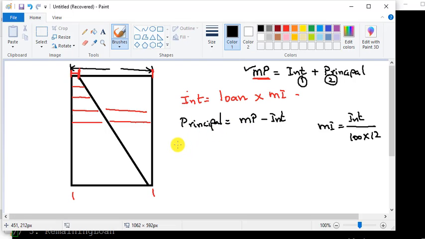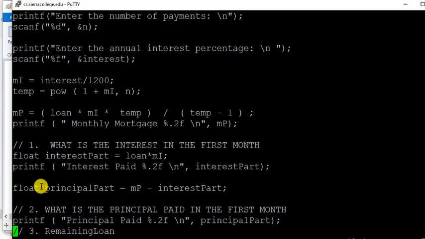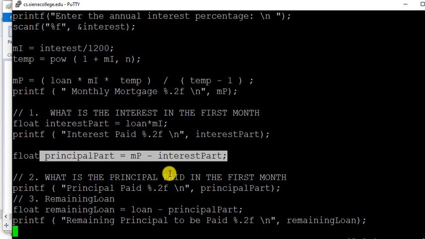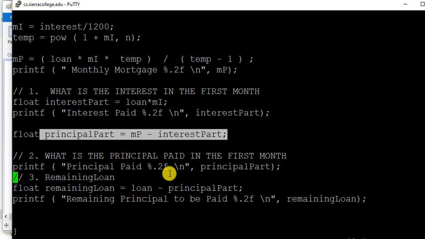So what is the remaining loan then? Remaining is the loan amount minus the principal that we paid, right? So that's the principal part, and my remaining loan is my loan minus the principal that I paid.